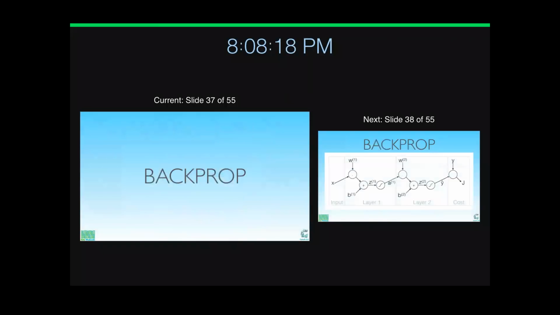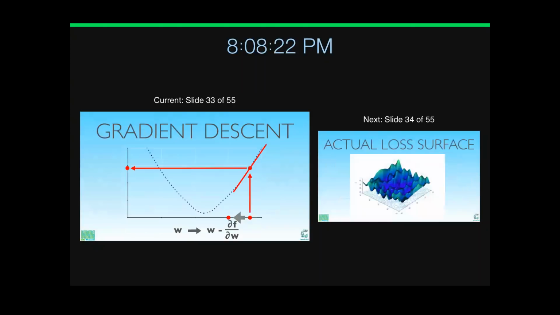Okay? Now, the one missing piece is how do we actually calculate this derivative? That's the only thing I've not told you. I've taken it for granted that we can calculate that gradient, and then everything else follows. So that's the missing link. Let's do that, and then we're done.